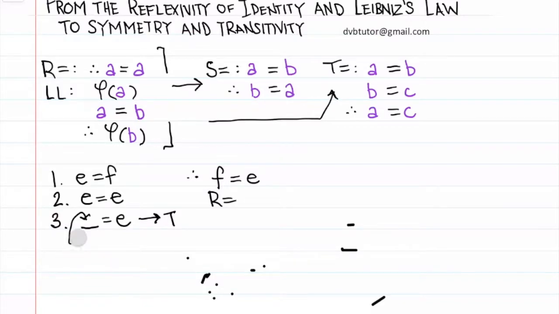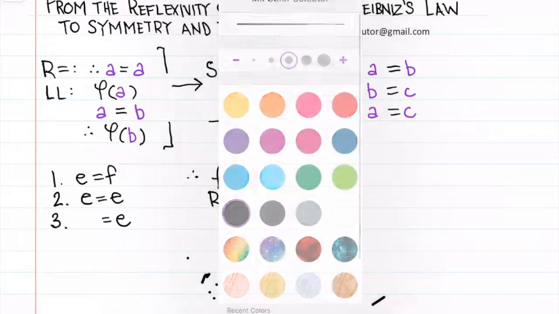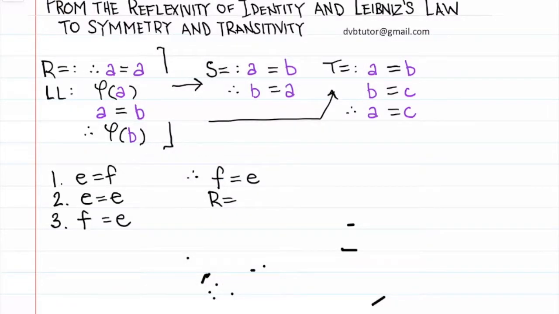So from our premise that E is F, it follows from the reflexivity of identity and Leibniz's law that F is identical to E.